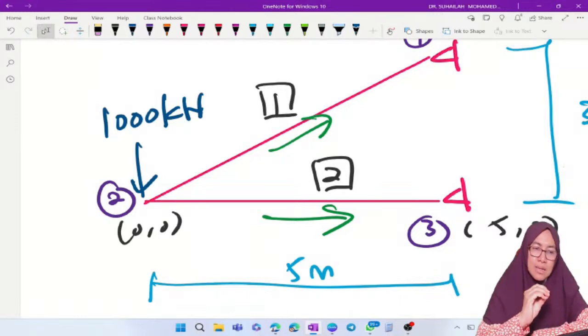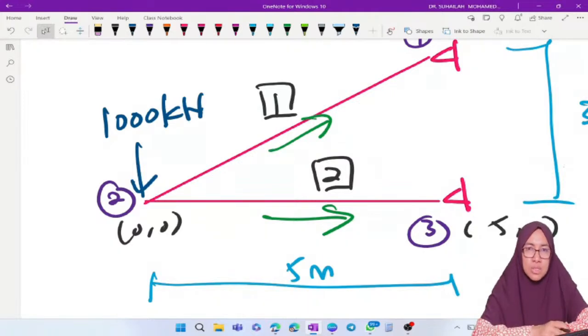So look at the diagram. At node number 2, is there a horizontal force? No, there is no horizontal force at node number 2.